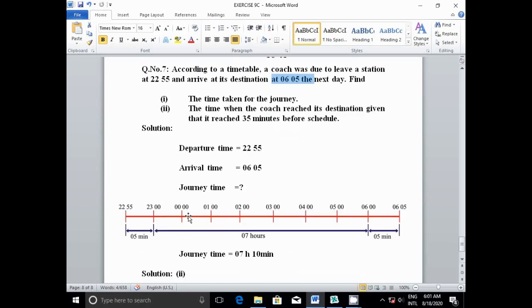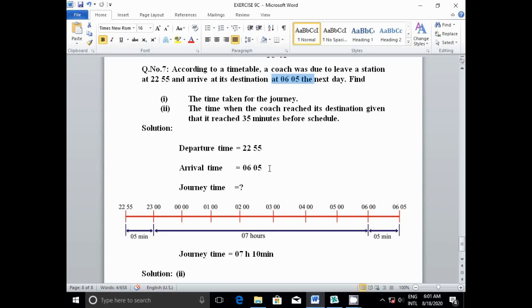This first 22 hours and 55 minutes is the departure time. And we know that after 22 hours 55 minutes we have 23 hours, and then 24 hours, and then 1 hour, 2 hours, 3 hours, 4 hours, 5 hours, 6 hours, and then 6 hours and 5 minutes, which is the arrival time on next day.